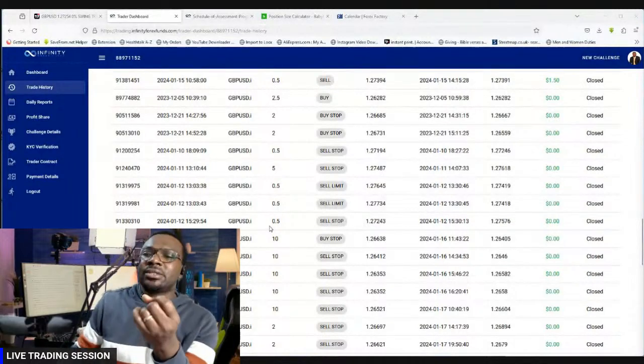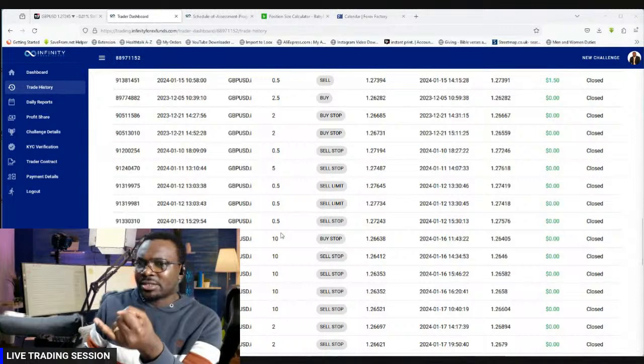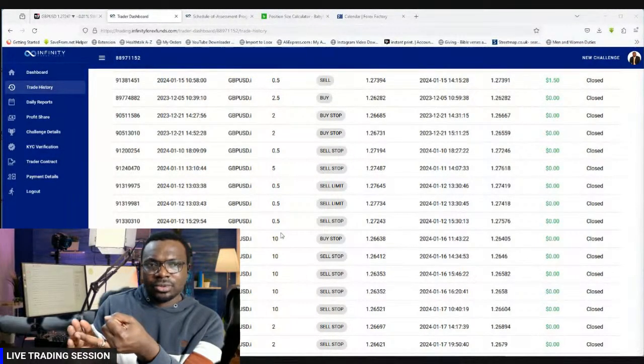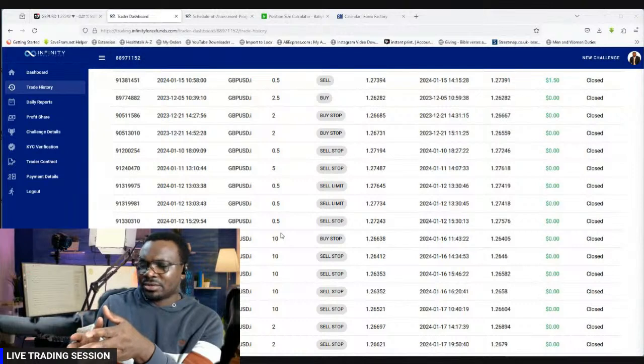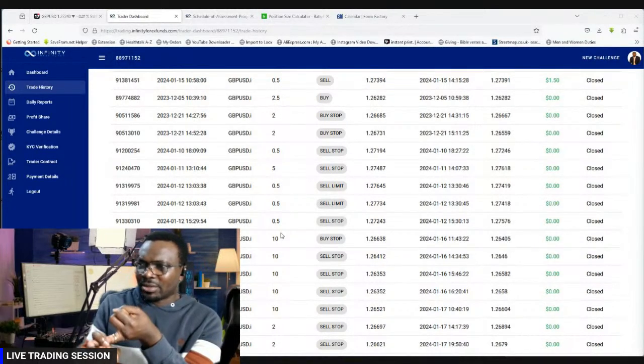So the rule says volume consistency rule. We are talking about volume. Volume consistency rule says that for total trades, you have to get the average trade. So the average trade will be total trades taken multiplied by total lot size.